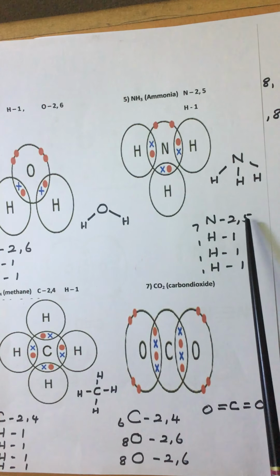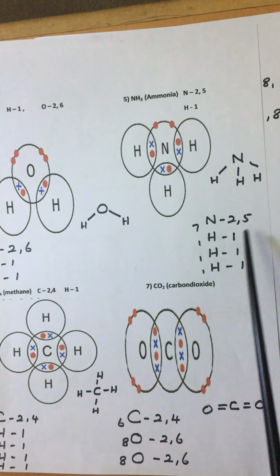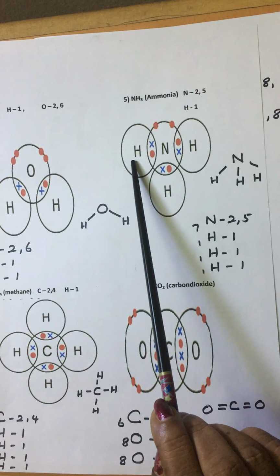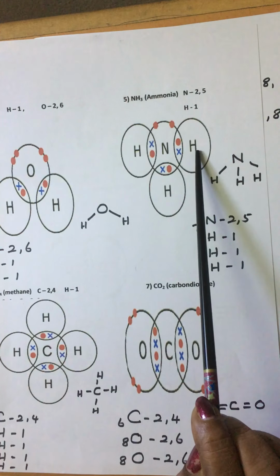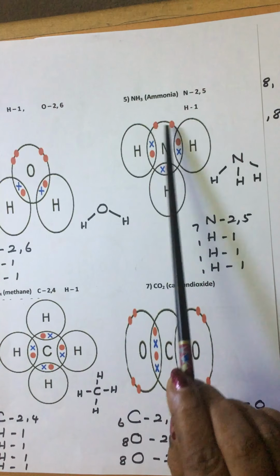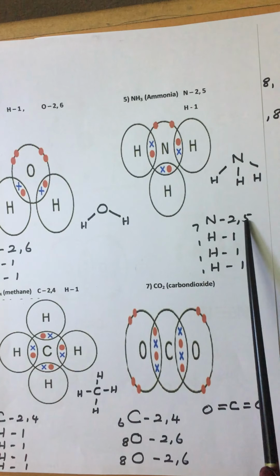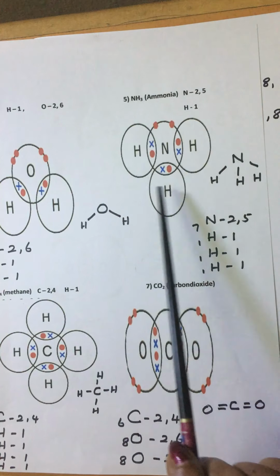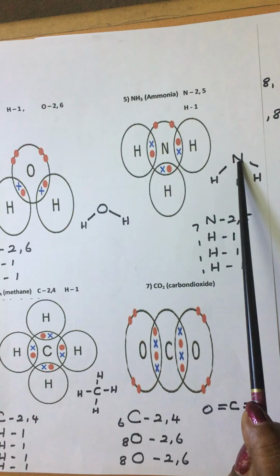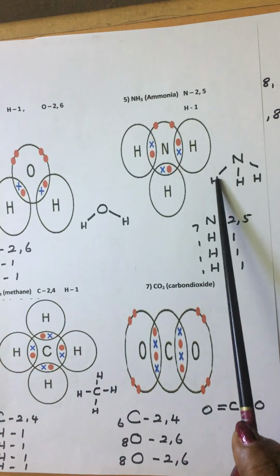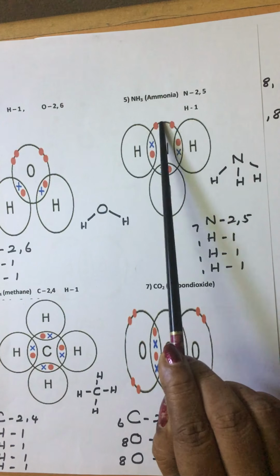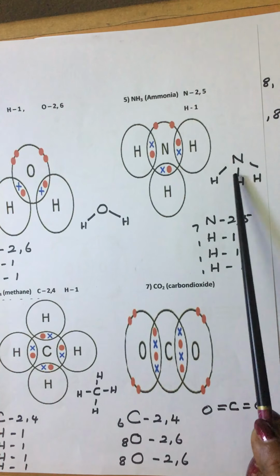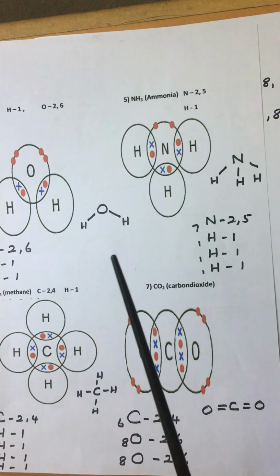So out of 5, 3 are making bond with 3 hydrogens. So 1 electron with this hydrogen, the other one with this, the other one with this hydrogen. So the 2 electrons are not making bond. Out of 5, only 3 are making bond, 2 are not. So when you are writing this structure, you have to write like this: nitrogen, 3 hydrogens. You have to write like this because of the polarity, that means 2 electrons are without making bond, and 3 pairs of electrons are sharing with 3 hydrogens.